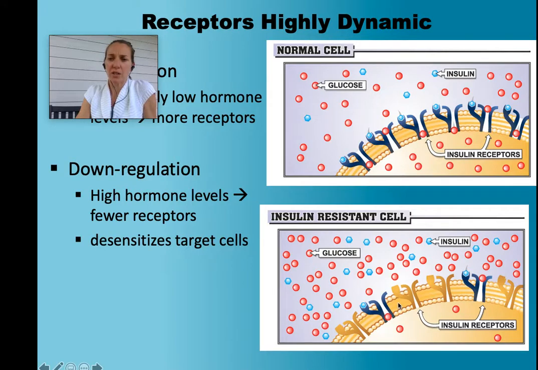And what this picture is trying to show is insulin receptors that have been downregulated, that are no longer active. And so now you have a lot more glucose in the bloodstream, and you don't have as many binding sites that are available for insulin. So insulin is doing its best to bring glucose into the cell, but it's not able to do that as efficiently as it was before because it doesn't have as many receptors to do so. So this is a great example of downregulation. The cell has become insulin resistant.